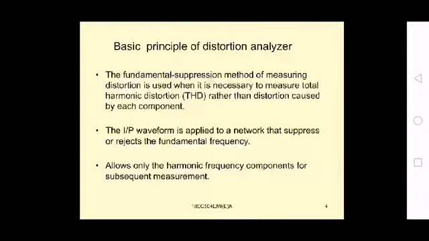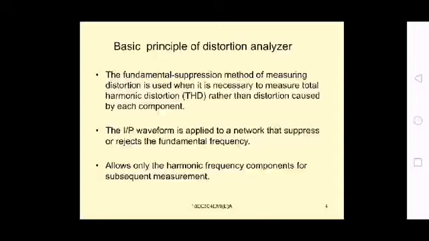The basic principle of your distortion factor meter, or THD analyzer, THD meaning total harmonic distortion, is that we want only the distortion caused by all the harmonic components. We don't want the fundamental frequency component.